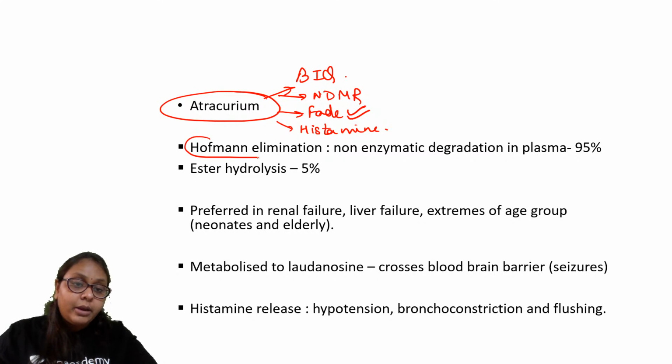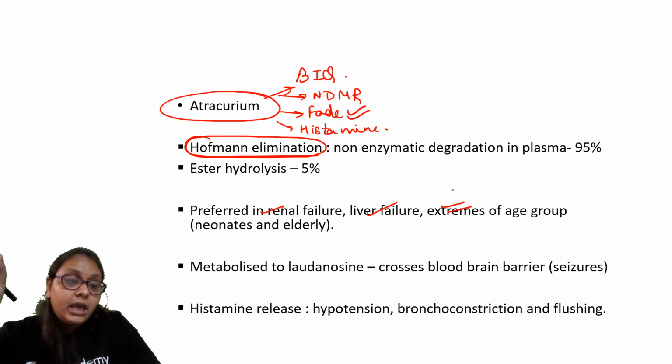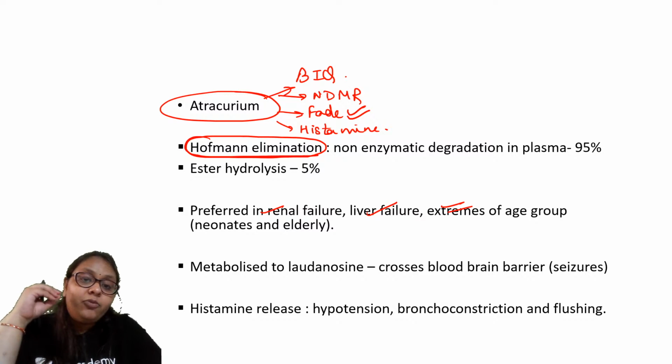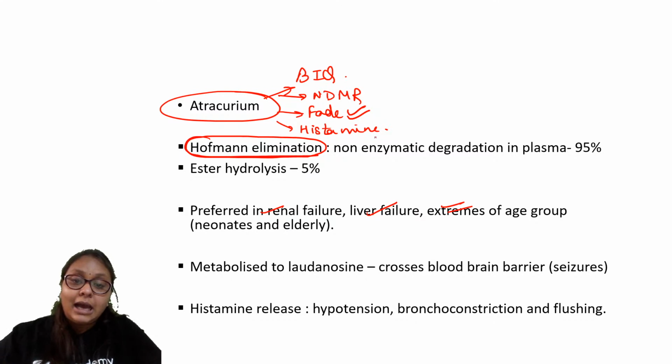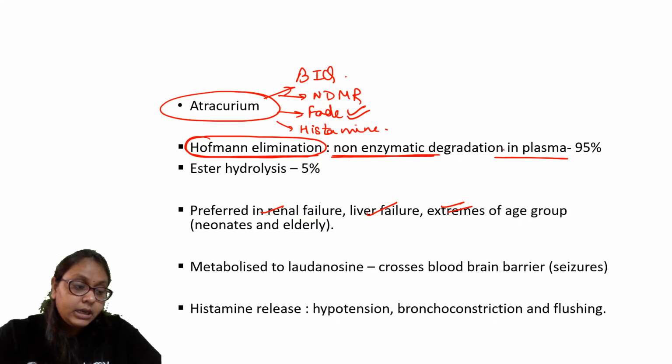Another important point is it undergoes Hofmann elimination. It is preferred in renal failure, liver failure, extremes of age group. Why? Because it undergoes Hofmann elimination. And what is Hofmann elimination?